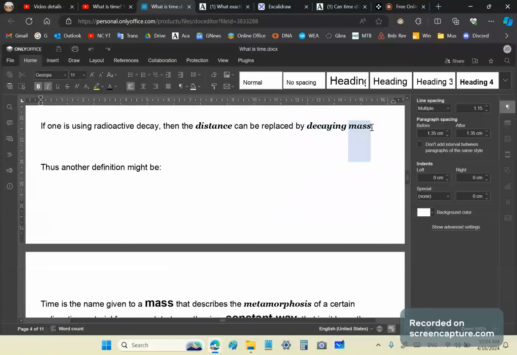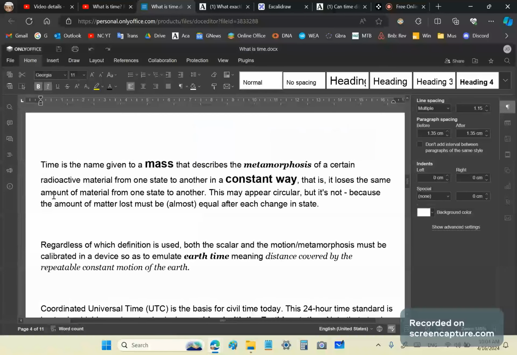But mass is a far more complex concept than distance. Distance is relatively simple and can be systematically derived from nothing, from a void universe, so to speak. So another definition for time could be a name given to a mass that describes the metamorphosis of a certain radioactive material from one state to another in an almost constant way. That is, it loses the same amount of material from one state to another.